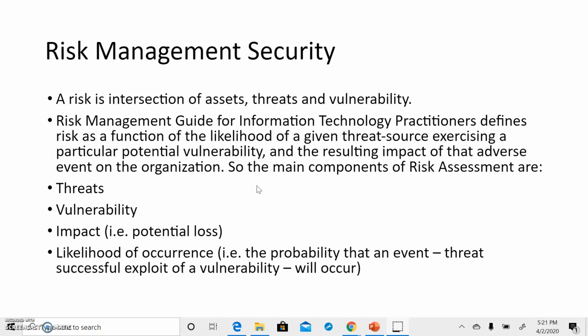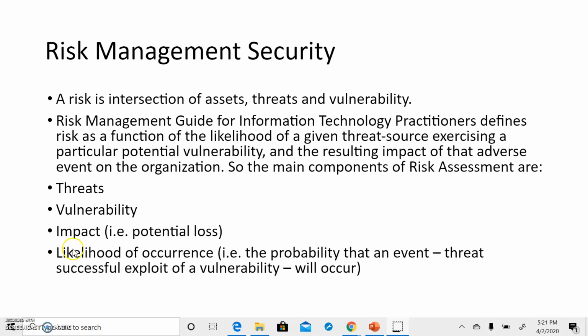Okay, so that is impact, and the next is, what is the probability that the threat may succeed? What is the probability of attack actually? So that is how the risk assessment works, the important functions of risk management.